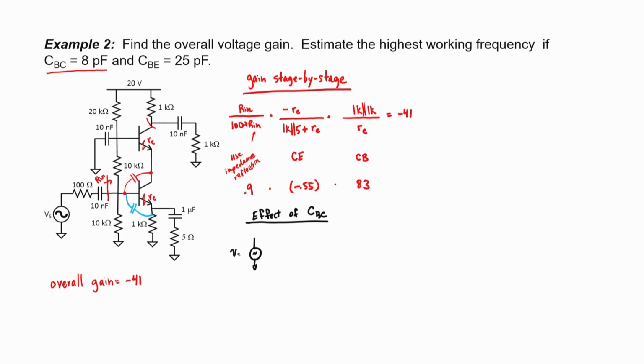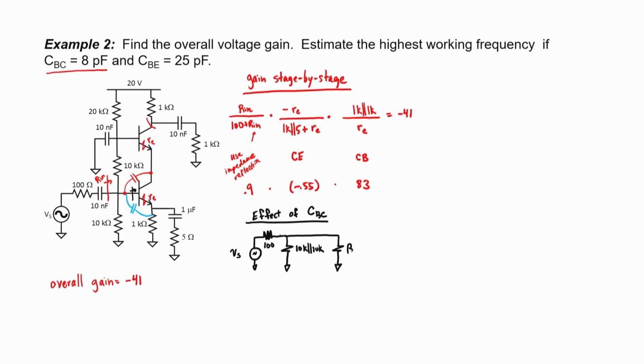At the input side, we have a source, a 100 ohm source impedance, then we have two 10 kilo ohm resistors in parallel. We then have our resistance looking into the base of the transistor right here.